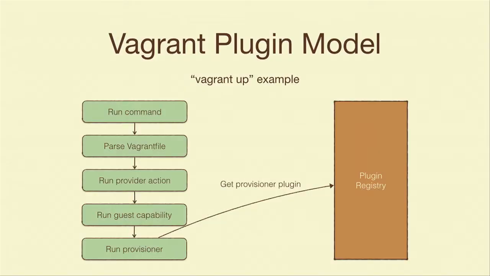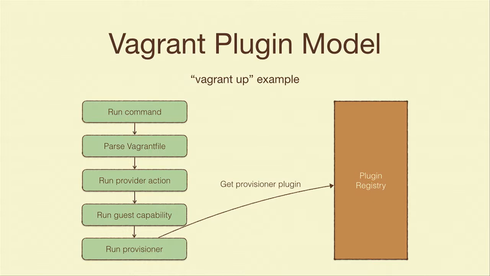And finally, let's assume that we have specified some provision section in our Vagrantfile. You know, it's a really widely used feature. You can use whatever provisioner you want: Shell, Chef, Puppet, Ansible, SaltStack, whatever. All of them are implemented in Vagrant out of the box.